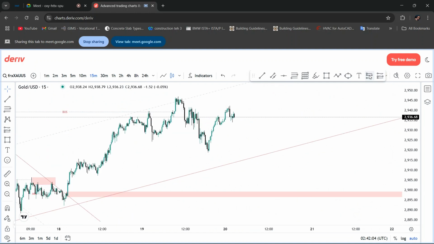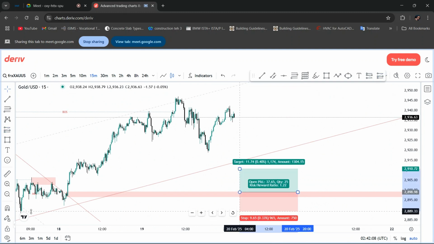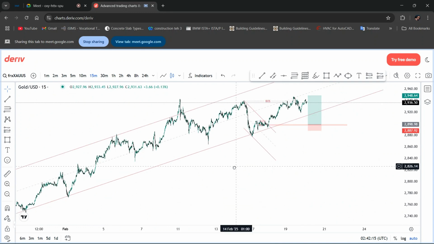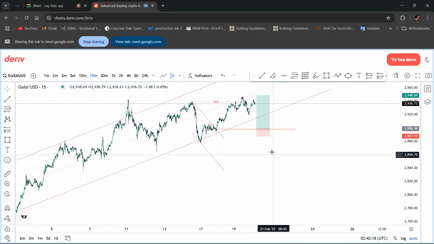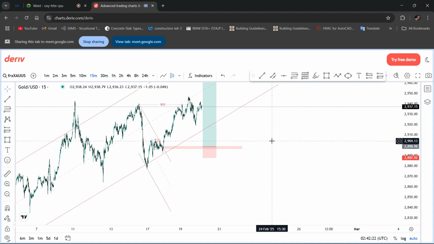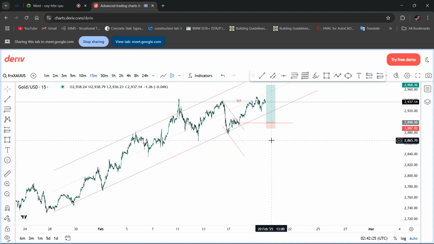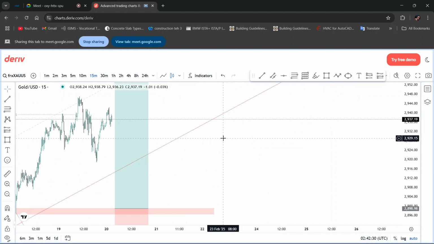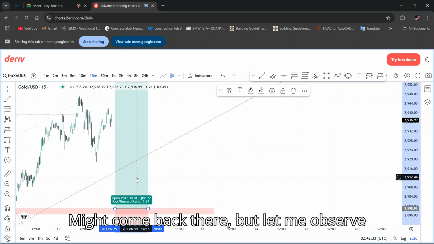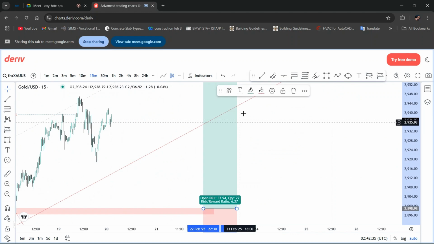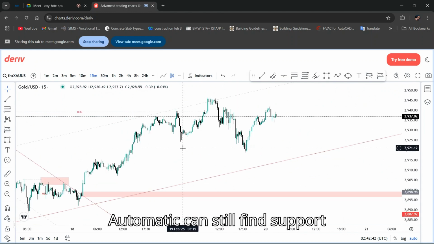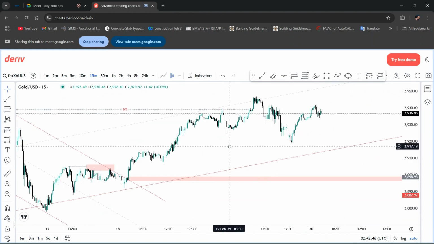It might come back there, but let me observe the market closely, because the market can still find support in these areas.